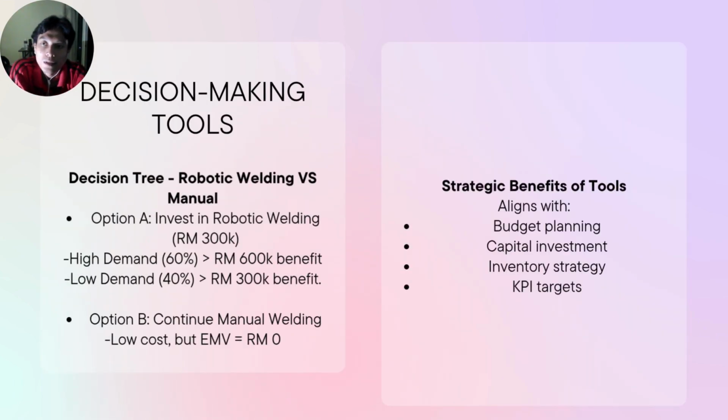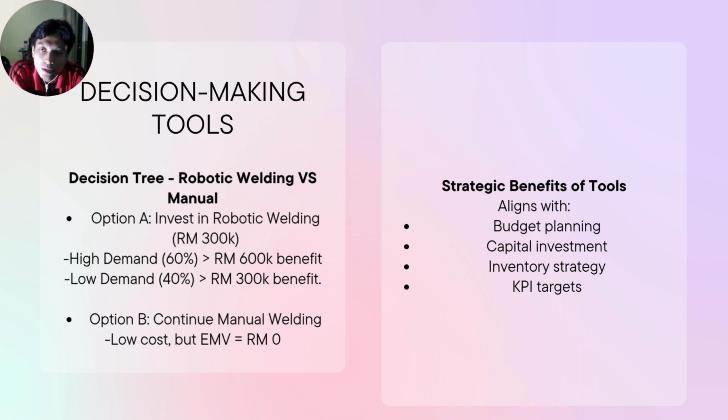For this part, a decision tree: robotic welding versus manual welding. The InnoTech company will have two options, option A and option B. Option A is to invest in robotic welding, which costs around 300K. It will have two demand scenarios, high and low.